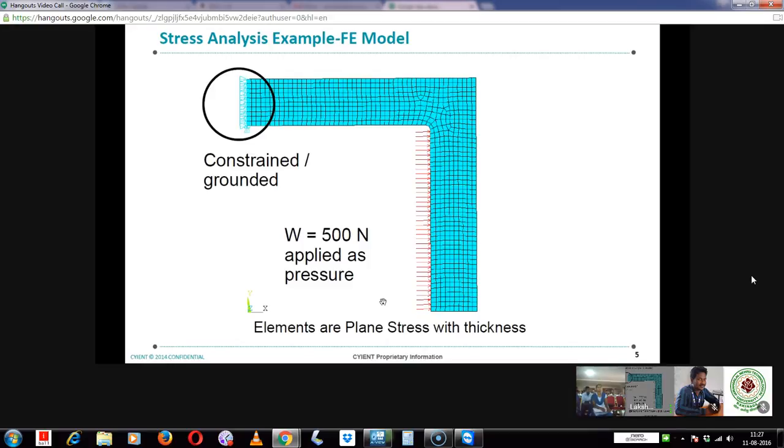We have used plane stress with thickness. We will discuss in detail the types of elements and what plane stress elements are in model idealization. For this problem, we have taken plane stress with thickness elements.